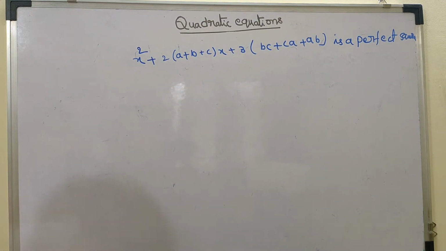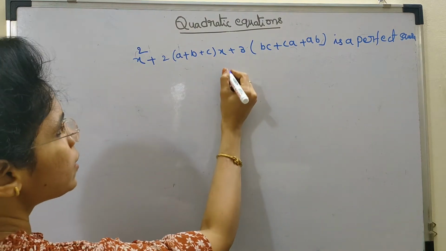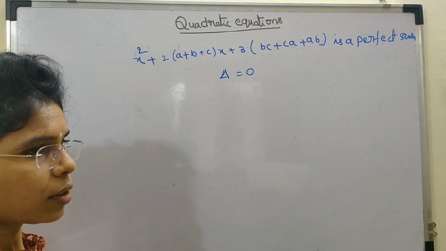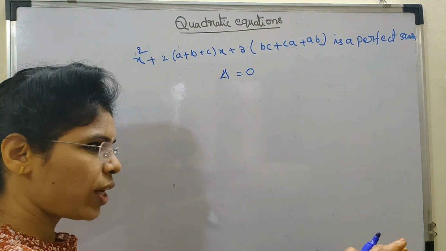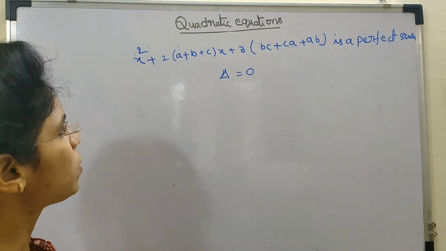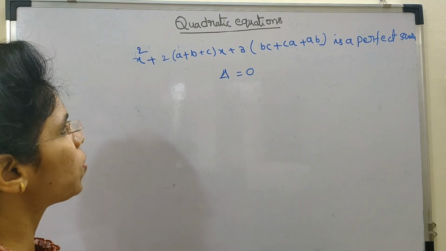Just now we know that when the expression is a perfect square, the discriminant is equal to 0. Here the expression is a perfect square, so the discriminant should be equal to 0.